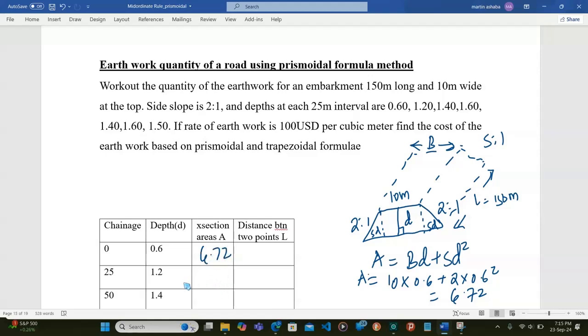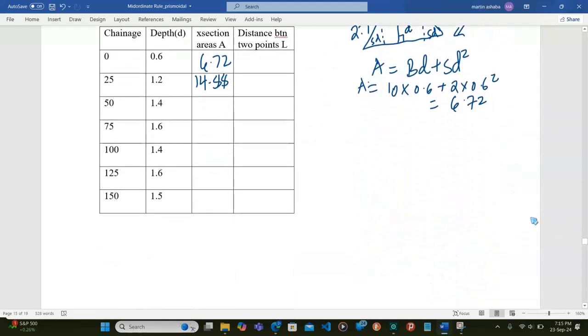If I put in 1.2 as depth, I'll have 14.88. If I substitute in 1.4, I'll have 17.92. Substitute in 1.6, my calculator is telling me 21.12.